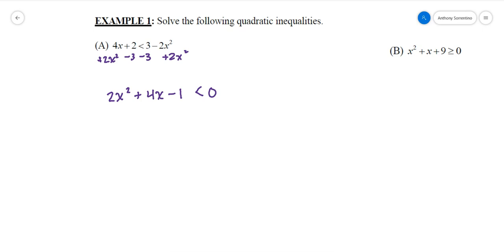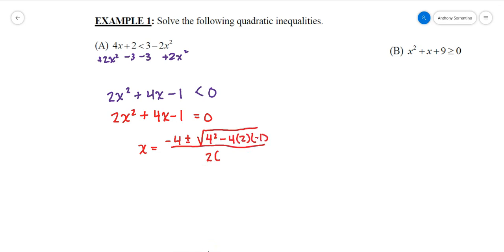Now I'm going to convert this, and I'm going to change color because remember, I'm going to make a similar equation. It's going to be set equal to 0, and I'm going to solve this, in this case, using the quadratic formula. It's already set equal to 0 anyway. So I'm setting up the quadratic formula. Now I'm going to evaluate.